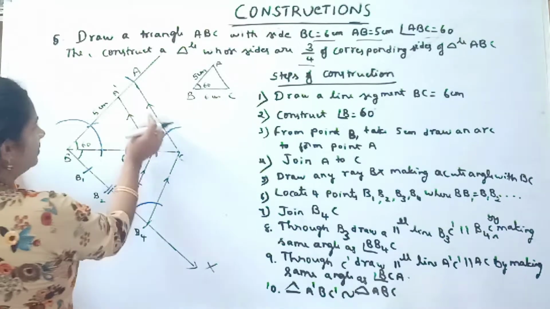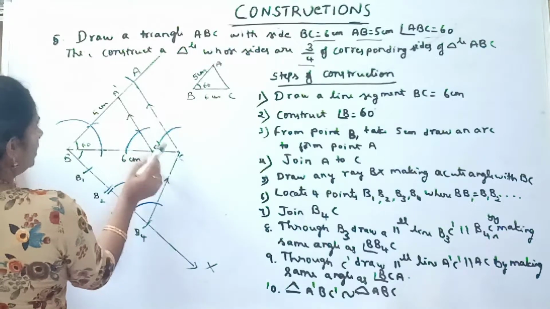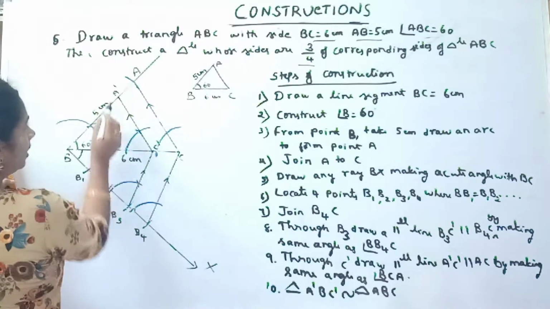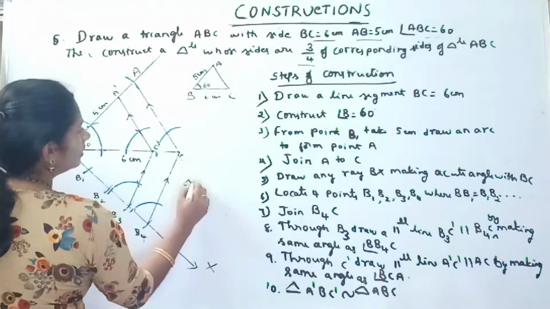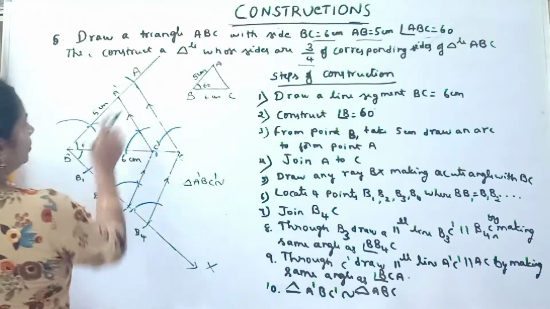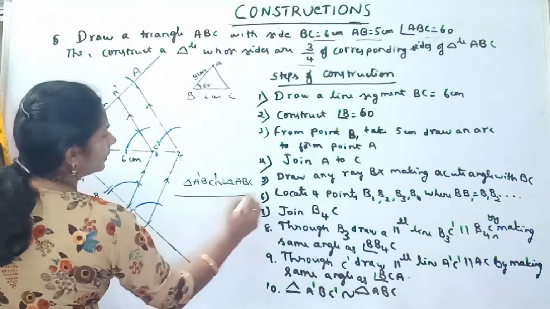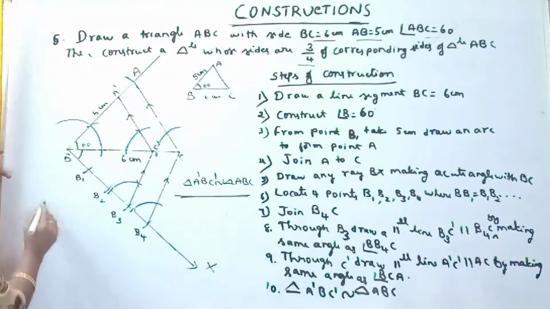Which are the similar triangles? Triangle A dash B C dash is similar to the given triangle ABC. Let us write the justification. How to write the justification?